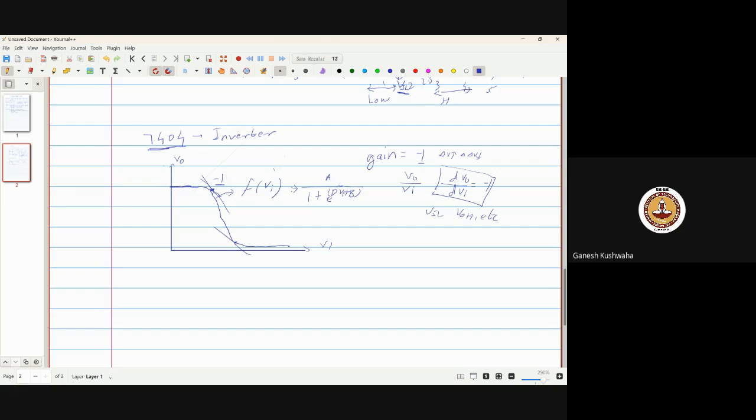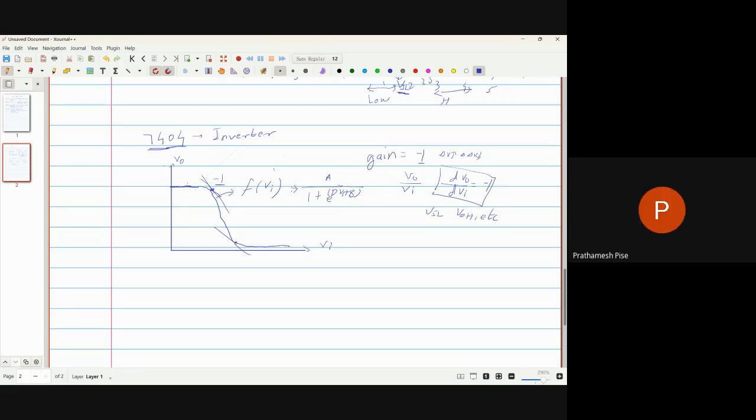So can someone tell me what is noise margin in this context? Amount of noise allowed so that the answer does not change.